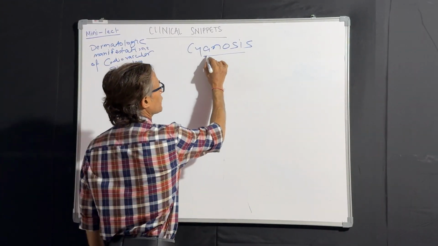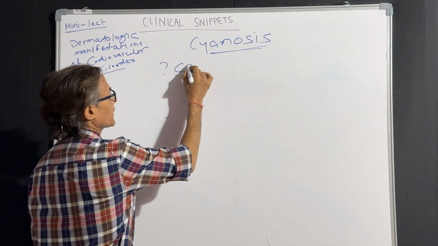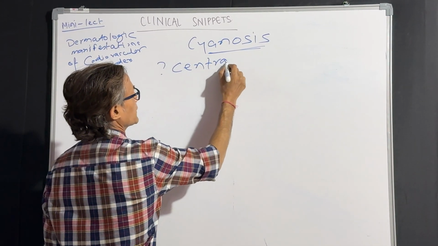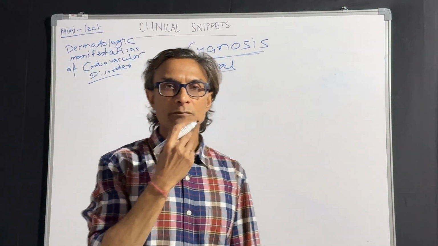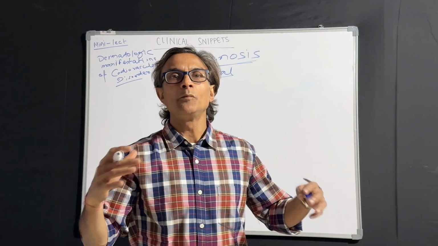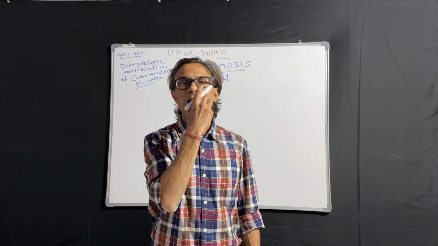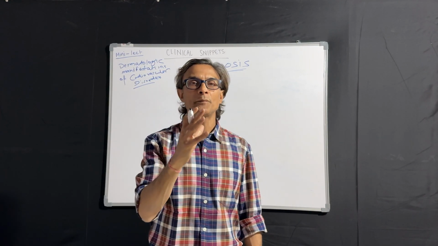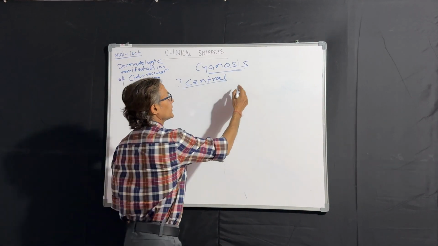So if there is cyanosis, we will first think whether it is a central cyanosis. If it is a central cyanosis, we will see the mucous membrane, tongue, oral mucosa, everything will be blue. So the site of detecting central cyanosis is tongue and oral mucous membrane. If there is a central cyanosis, what are the cardiac anomalies?